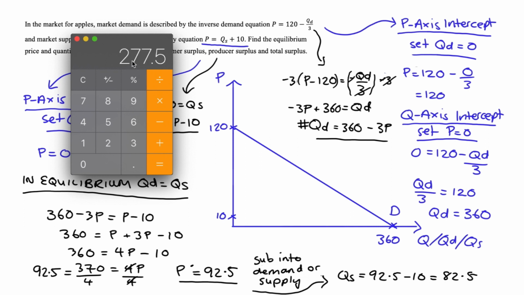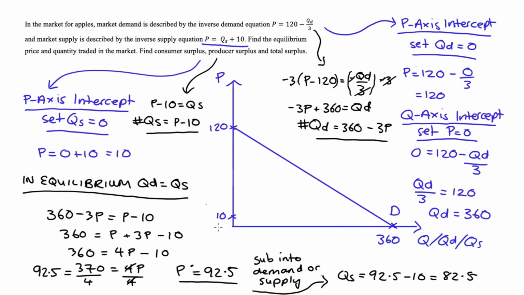So it will be 360 minus 277.5. And we get 82.5. So that's just one way to confirm your calculations are correct. Checking by substituting the equilibrium price into demand and supply, you should get the same amount. But really, you only need to do it with one, as long as you're confident that your calculations are correct. So this 82.5 is equal to Q star.